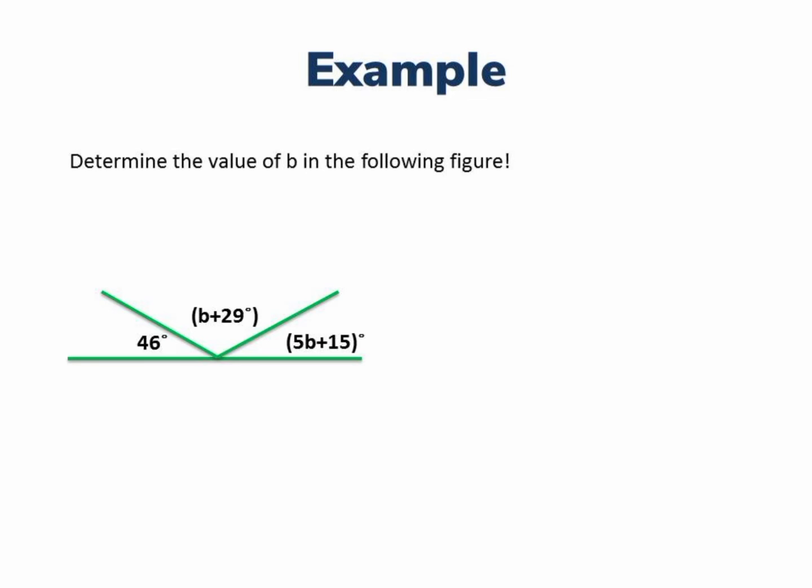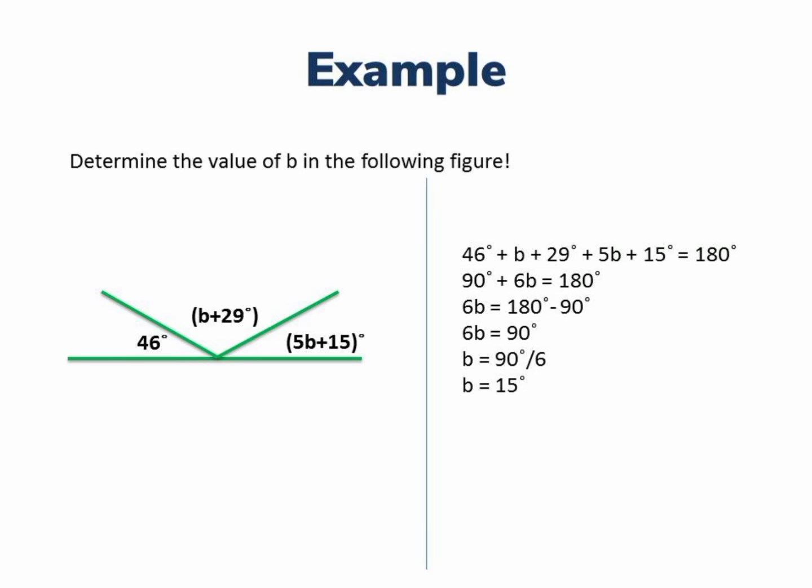And then to determine the value of B in the problem, we can find it by adding all the existing angle values as follows, like this. 46 degrees plus B plus 29 degrees plus 5B plus 15 degrees equals 180 degrees.